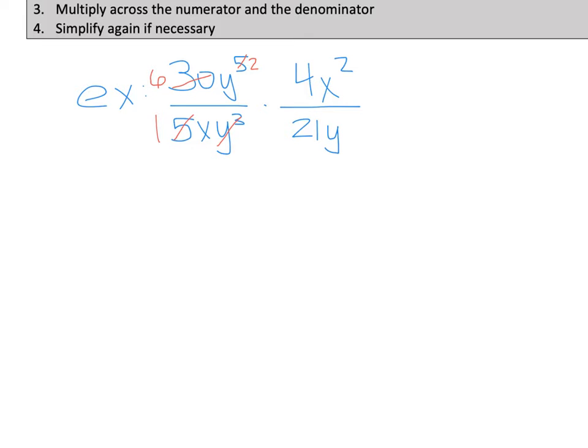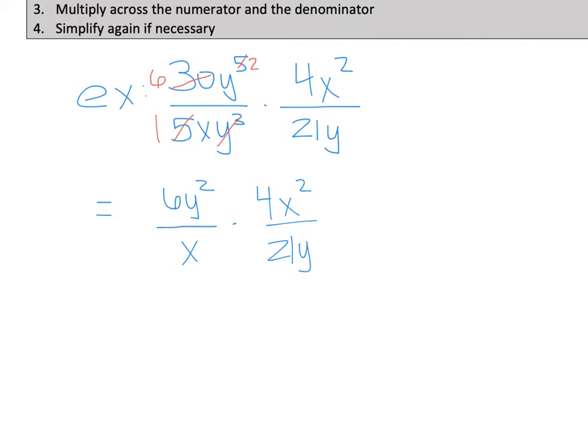Okay, so let's just rewrite that first rational expression. We've got 6y squared over x. That's the only thing that's left. In the second rational expression, there's nothing canceling, right? There are no common factors, but we can cancel across the multiplication sign.